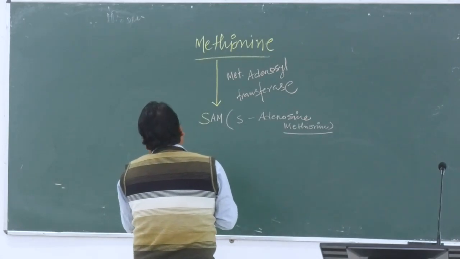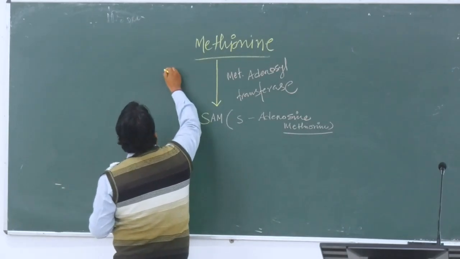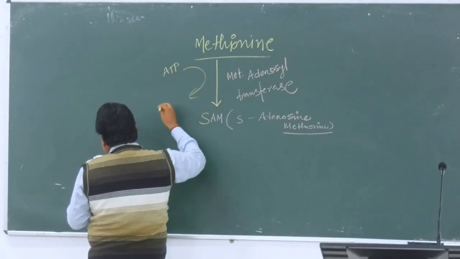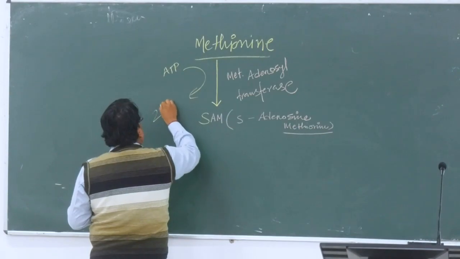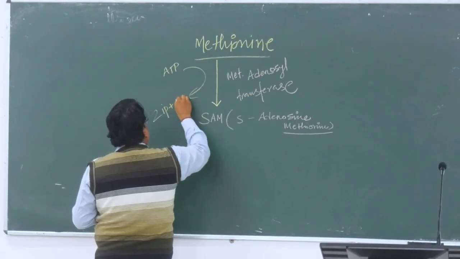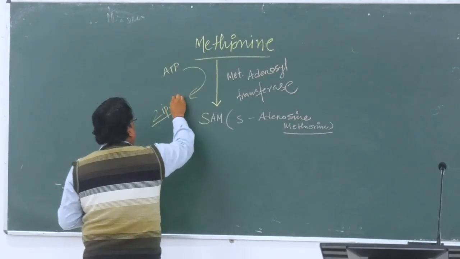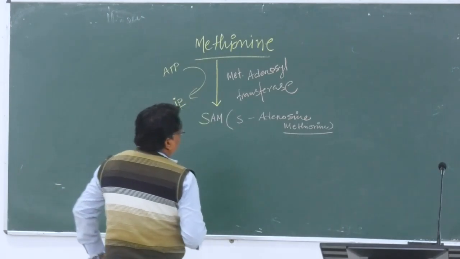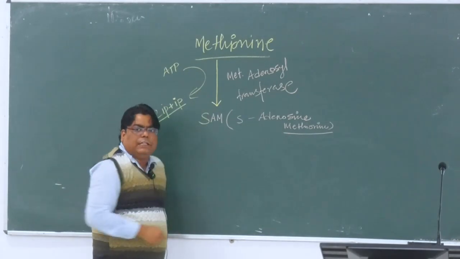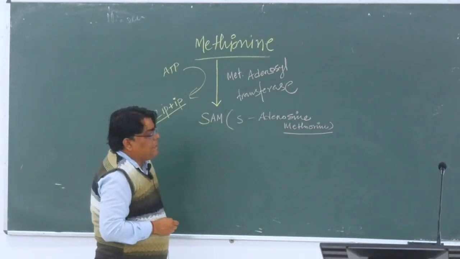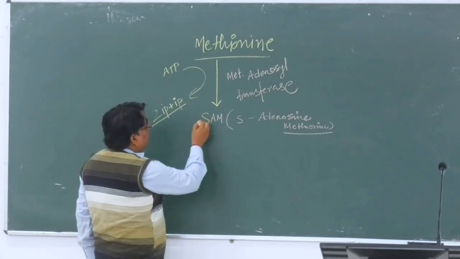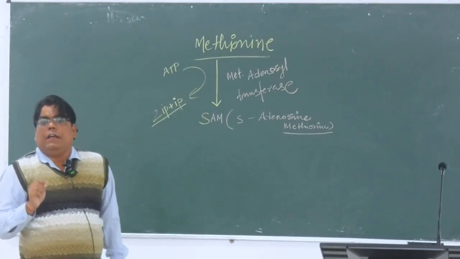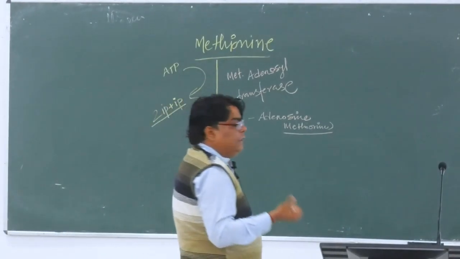In these reactions, it requires ATP, with formation of inorganic phosphates. This being the first step, S-adenosyl methionine, we call it the universal methyl donor. You write in your notes, this is called universal methyl donor.